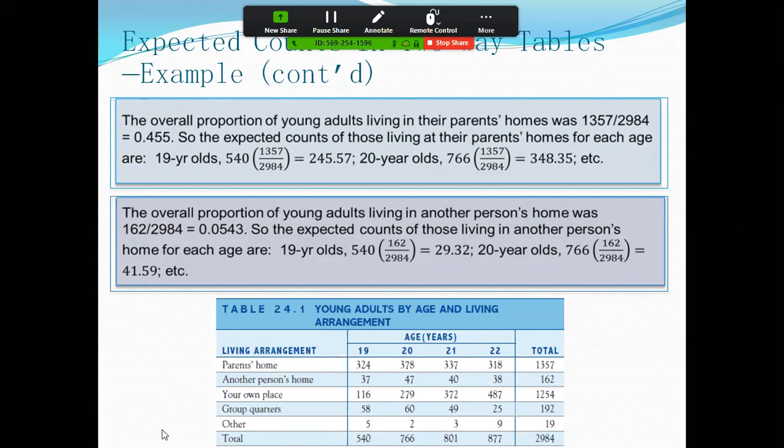So 5% of 540 is about 30. 5% of 766 is about 42, for example.